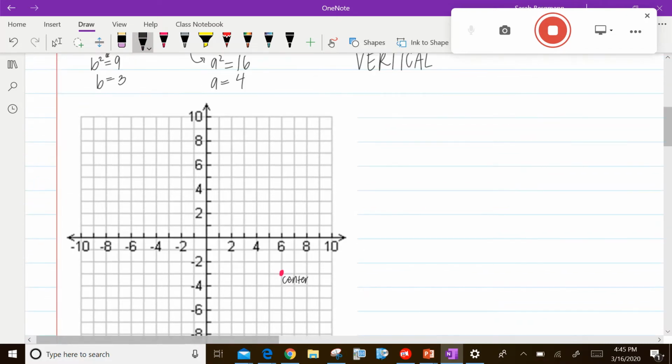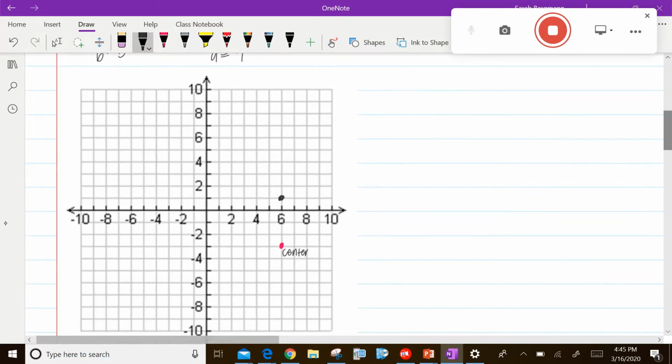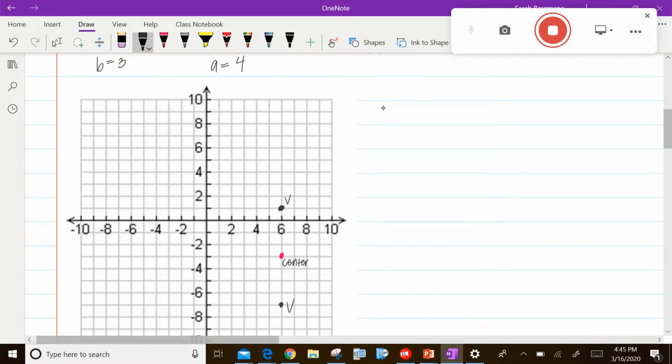Okay, I said my major axis will be vertical, and remember, A tells you the distance from the center to each vertex. So if I count 4 units vertically from the center, up and down, those would be the points for my vertices. The B value, remember, tells you the length from the center to each co-vertex.